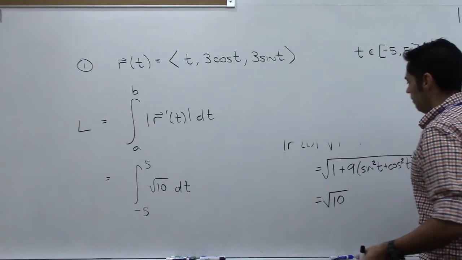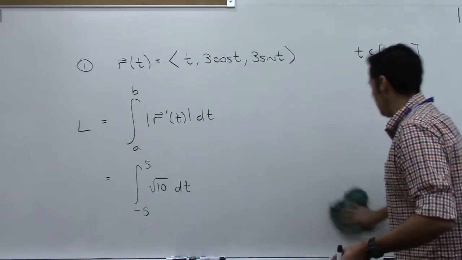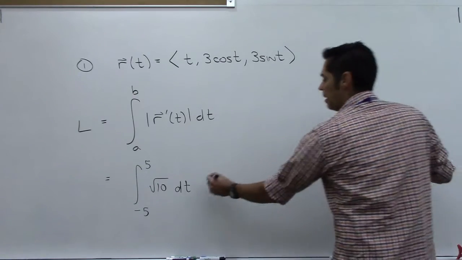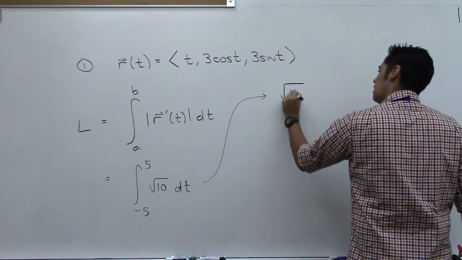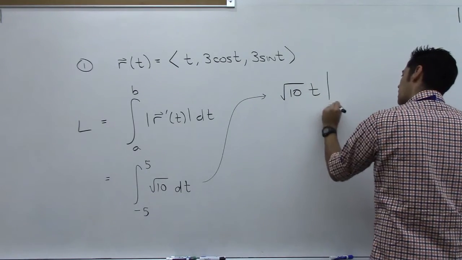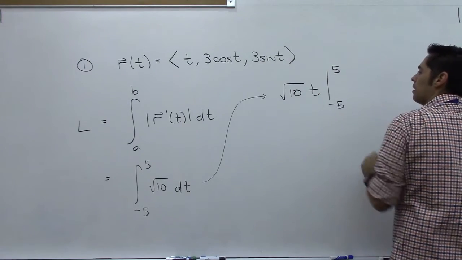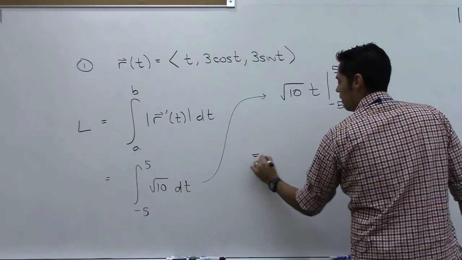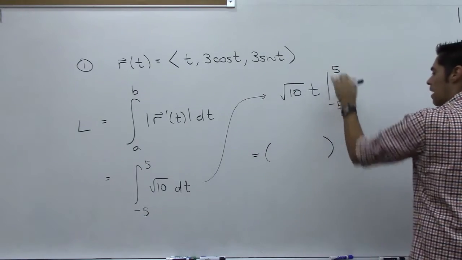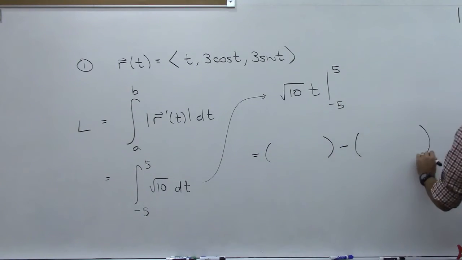The antiderivative of root 10 with respect to t is just equal to root 10 t, and we're going to evaluate that here. So now what we do is just plug in 5, subtract what we get when we plug in -5.